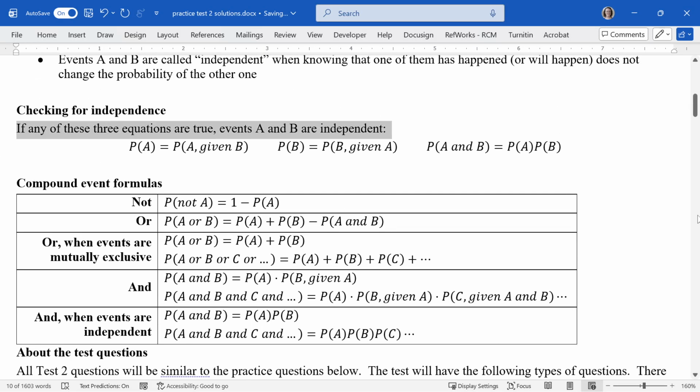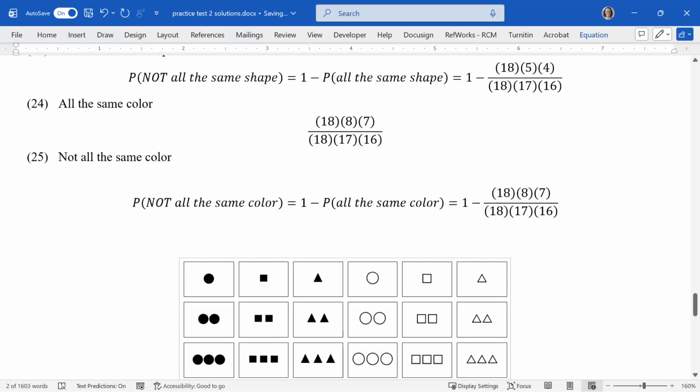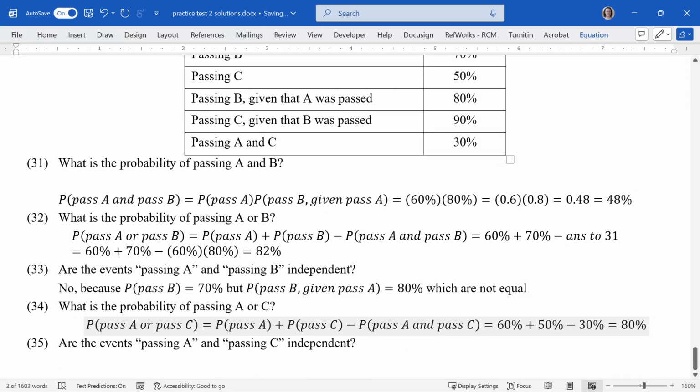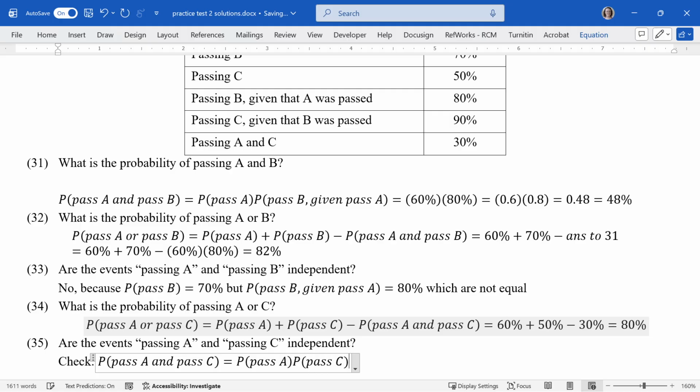These are the three equations you can check for independence, except I'm going to use A and C instead of A and B. I think I need to use this third one to check because I don't have the given probabilities involving A and C. So I'm going to compare the probability of passing A times the probability of passing C with the probability of passing A and C. So I'm going to check this equation. It's pass A and pass C, and I'm going to check if that's the same as passing A times passing C.